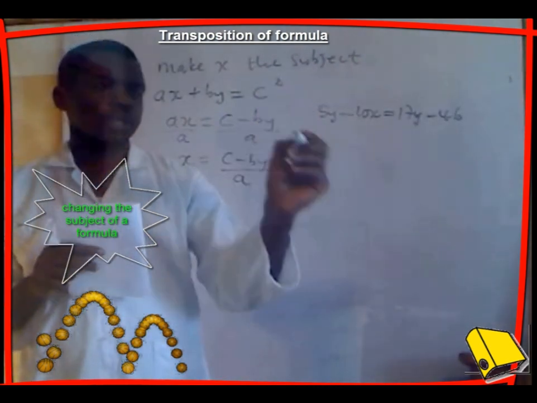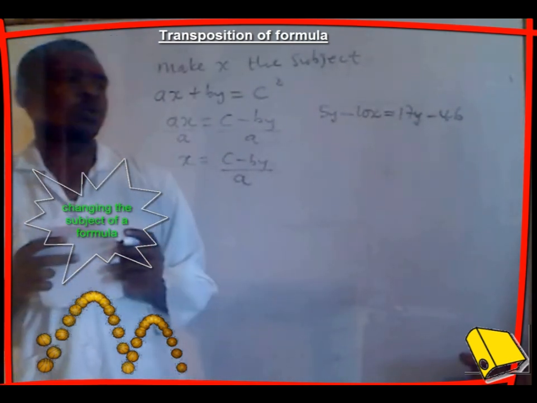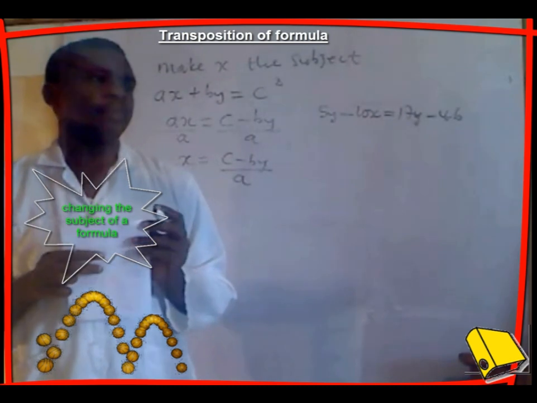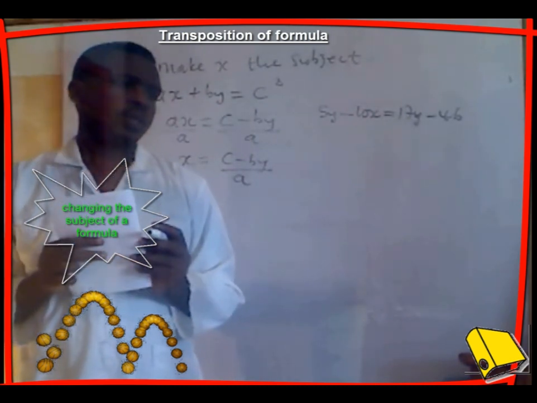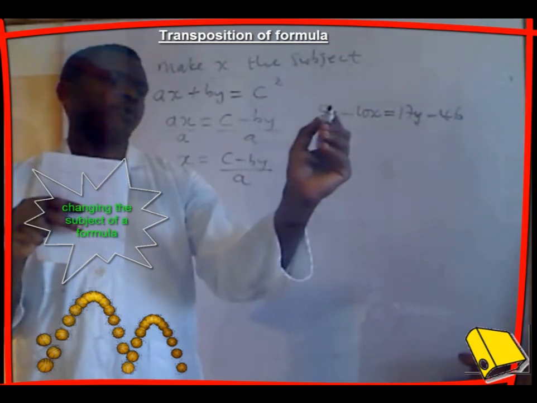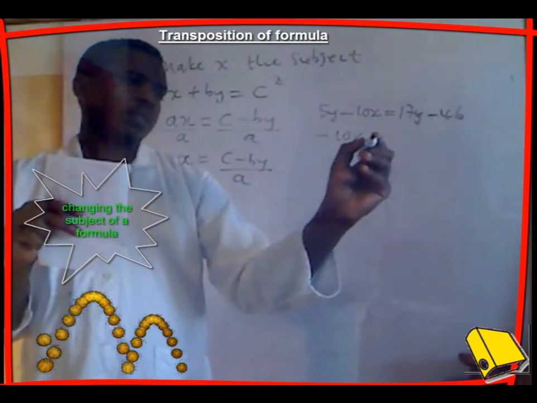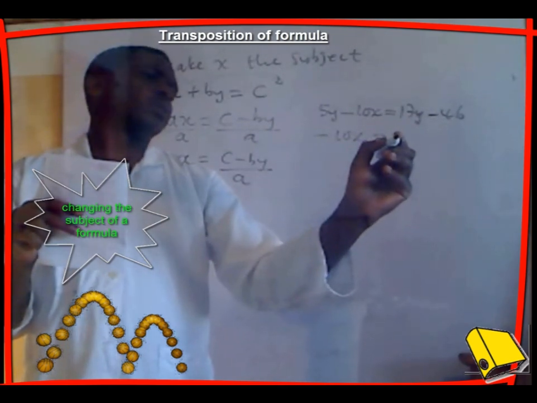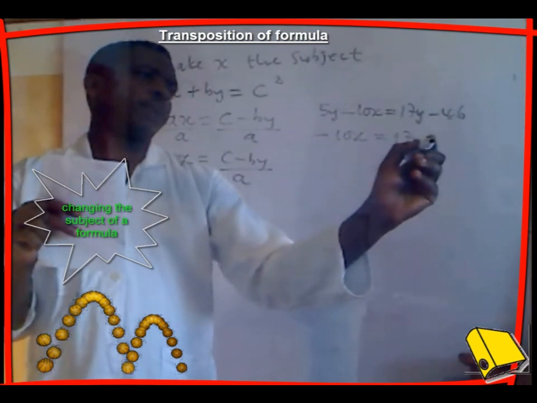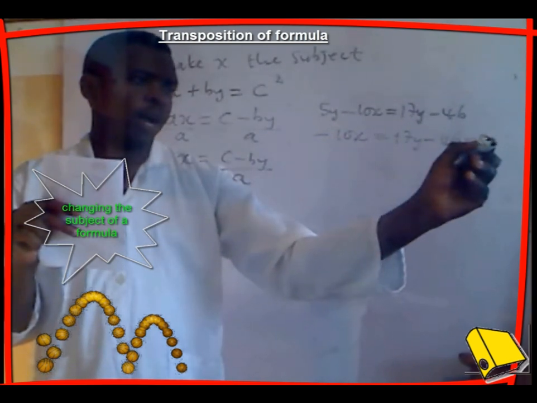Make x the subject in the formula 5y minus 10x is equal to 17y minus 46. I'm making x the subject, so I take 5y the other way. This gives me minus 10x is equal to 17y minus 46 minus 5y.